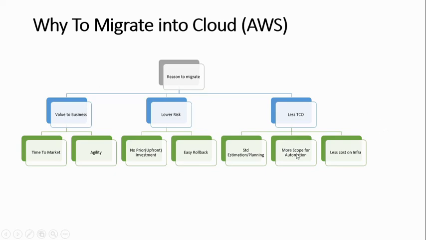More scope for automation as they have all services in the AWS cloud platform itself. Less cost on infra. Definitely, it is lesser than your on-prem data center cost, including your cable, connectors, service provider, electricity bill, AC, power consumption, everything. If you consider, it's much less and no headache at all.